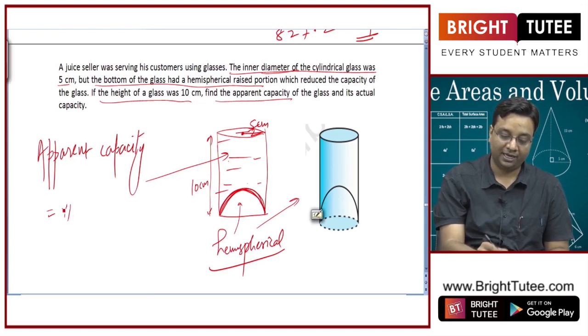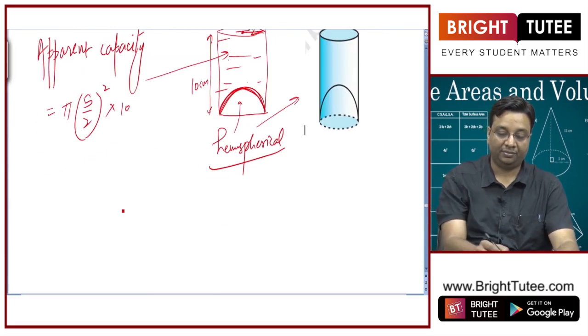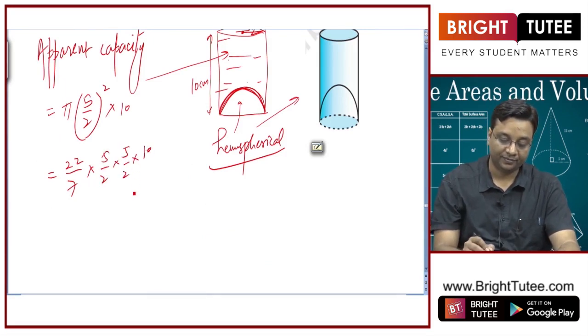So it is equal to pi radius squared, which is 5 by 2 squared, into height, which is 10, right. So this is the apparent capacity, 22 by 7 into 5 by 2 into 5 by 2 into 10, okay.